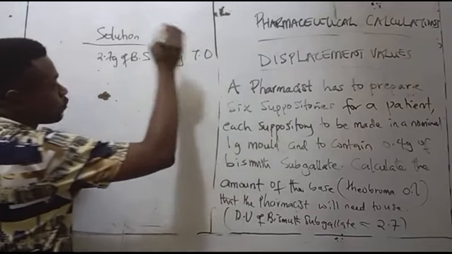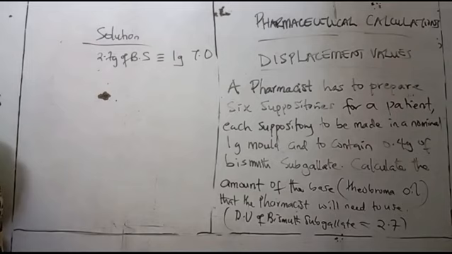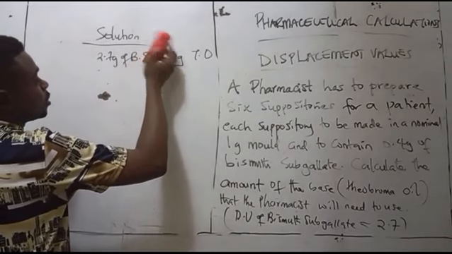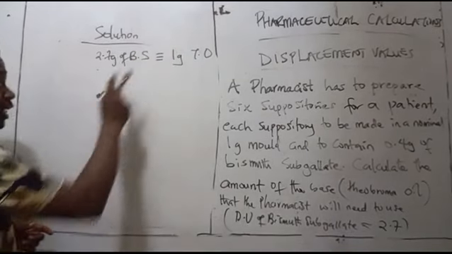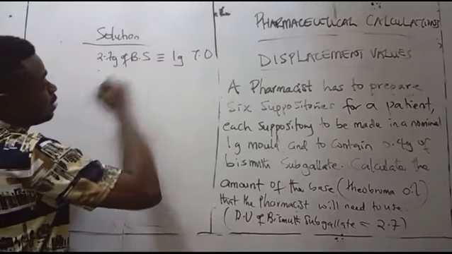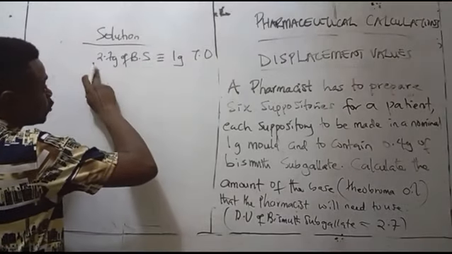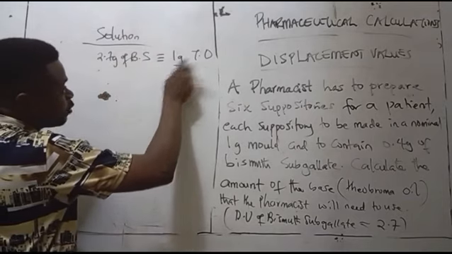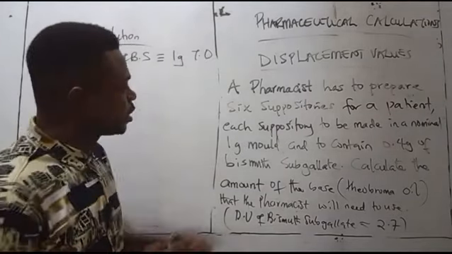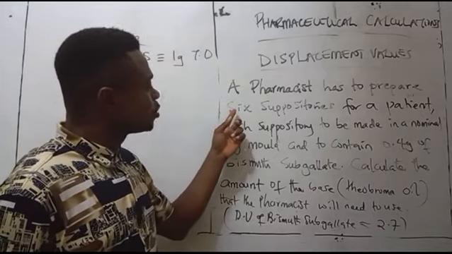Let me use TO for theobromine oil. By implication, we are talking about displaces: 2.7 gram of bismuth subgallate displaces 1 gram of theobromine oil.